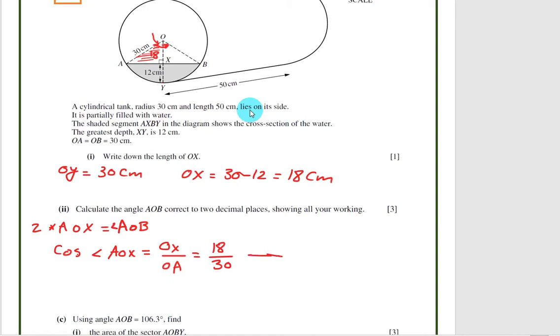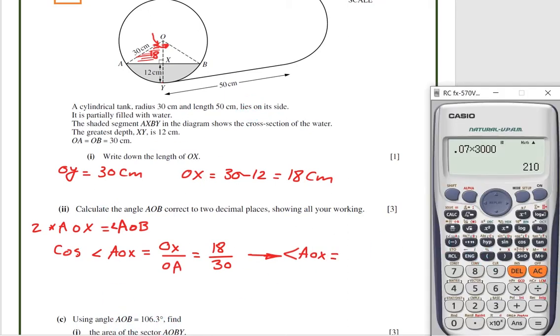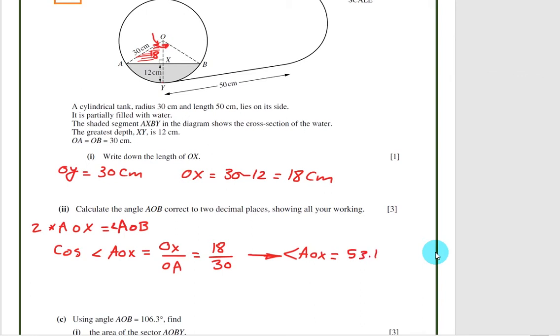So from here, let us bring our calculator, shift cosine 18 divided by 30. So the angle AOX is equal to 53.13 degree.